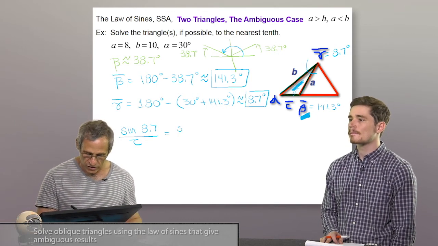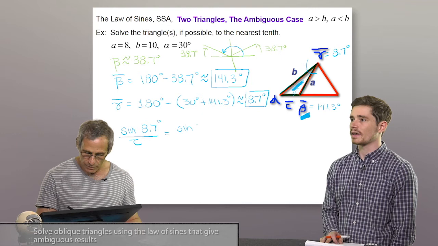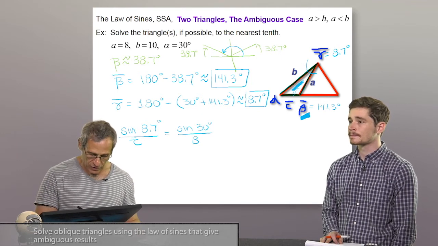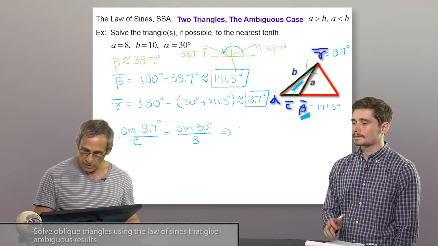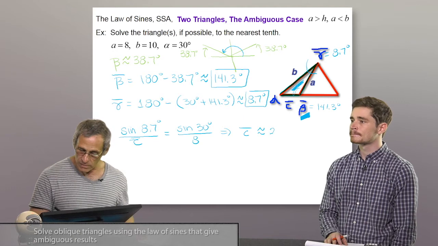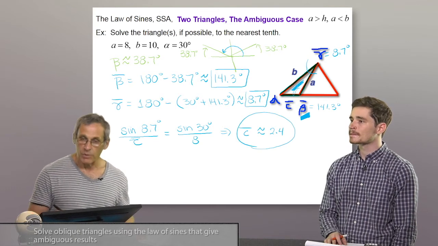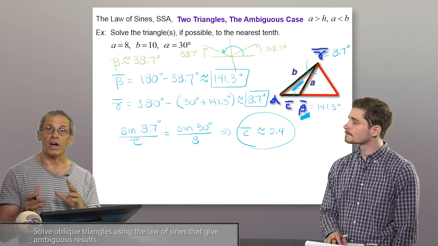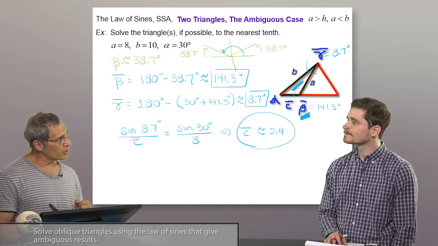That's the sine of 30 degrees over 8. And then I just solve for c hat. So c hat turns out to be approximately 2.4. So I end up with two triangles, which is why this is called the ambiguous case, and I solve for each triangle separately.